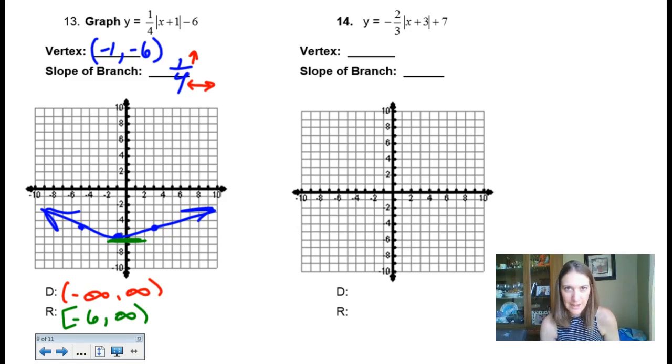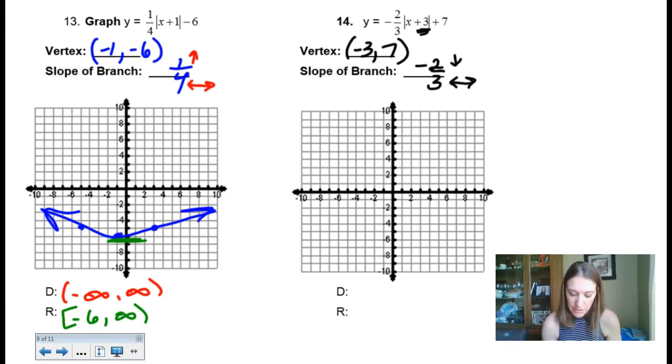All right, this next one has the whole shebang going on. It's got a horizontal shift, a vertical shift, a reflection, and it's got a weird a value, so the stretch of the slope of the branch is going to be a little different. So the vertex is at -3, 7, negative because of the built-in negative here. Slope of the branch is -2/3, which means when I travel, I'm going to go down 2 units, then right and left 3 units.